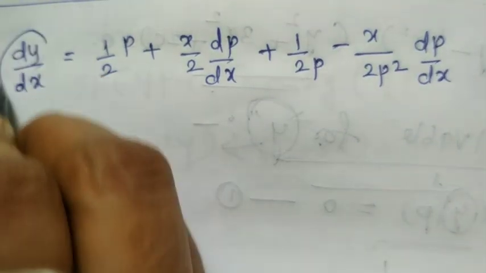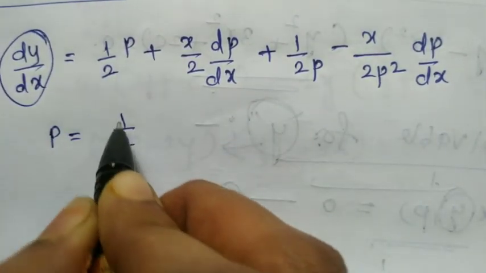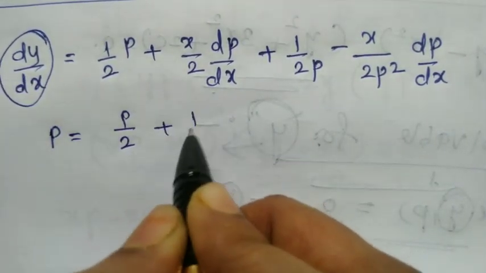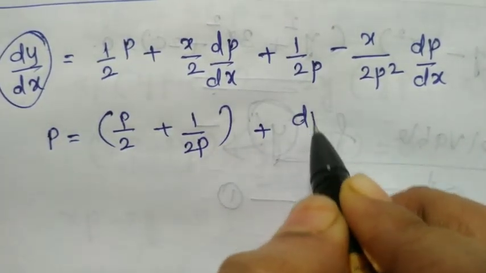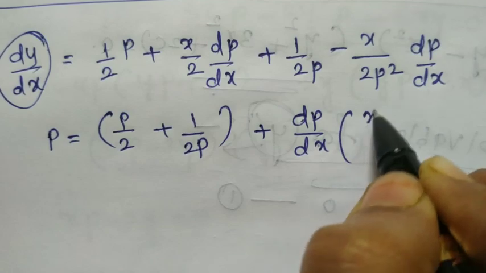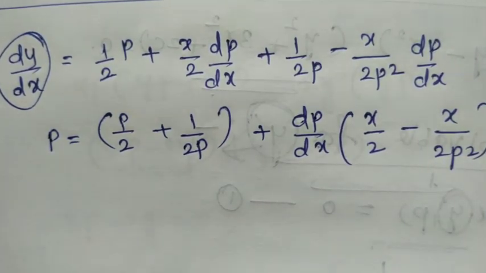Here dy by dx is nothing but p, equal to 1 by 2. So that is p by 2 plus 1 by 2p plus dp by dx is common, then x by 2 minus x by 2p square.